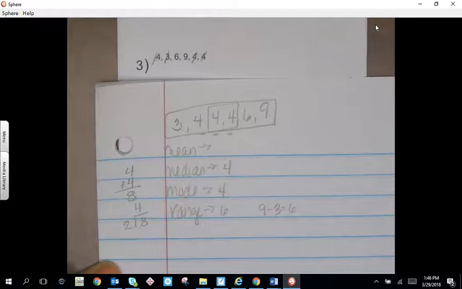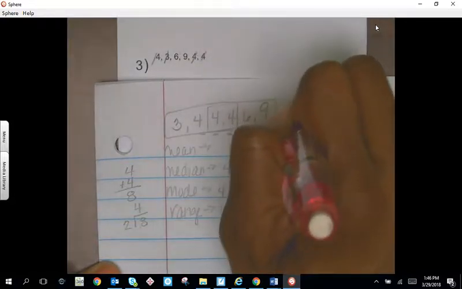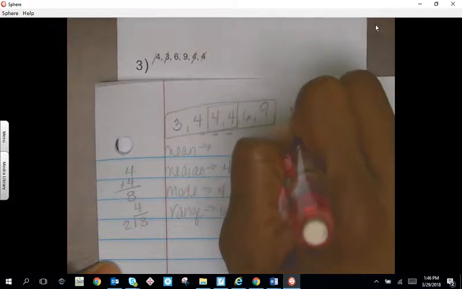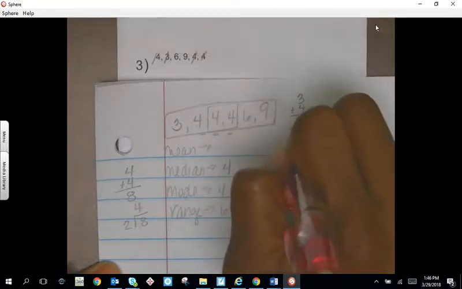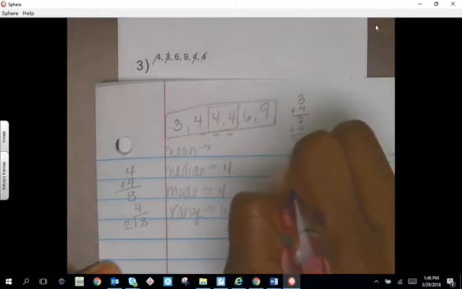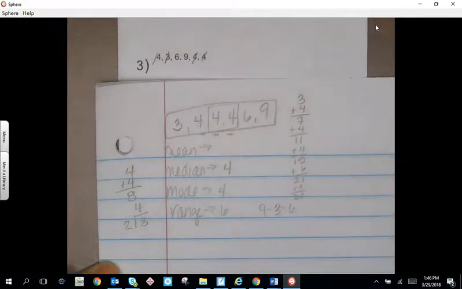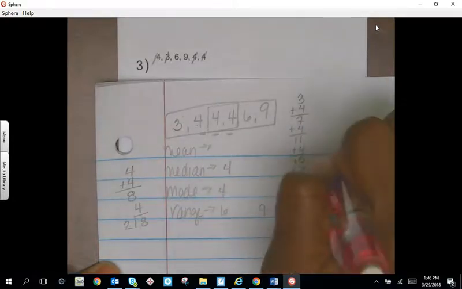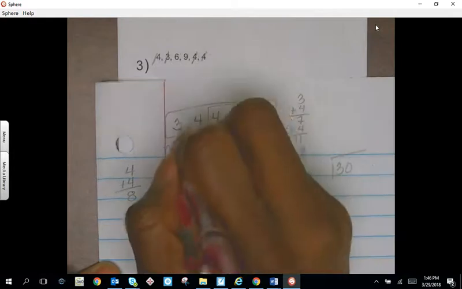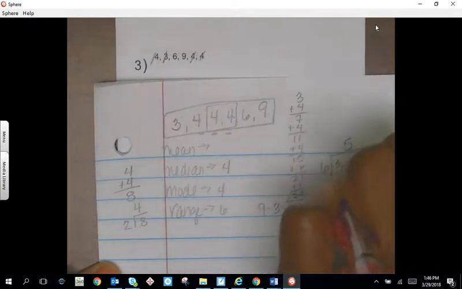All right, let's get our mean done. 3 plus 4 is 7, plus 4 is 11, plus 4 is 15, plus 6 is 21, plus 9 is 30. 30 divided by 6 is 5. 5 times 6 is 30.